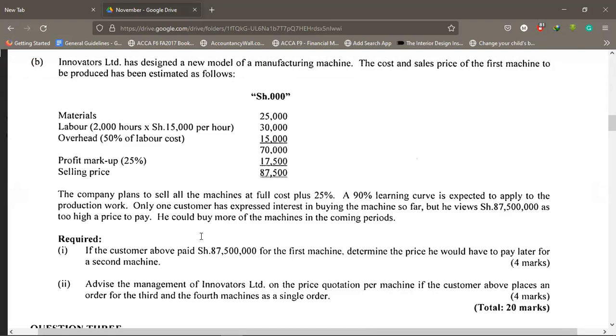Jill, can you try? I think I'm supposed to get the cost of producing the first machine and the second machine. And then we calculate how much the client will pay for the second one. So when I'm calculating my total labor hours, am I supposed to be taking one machine minus what, or what is the concept?